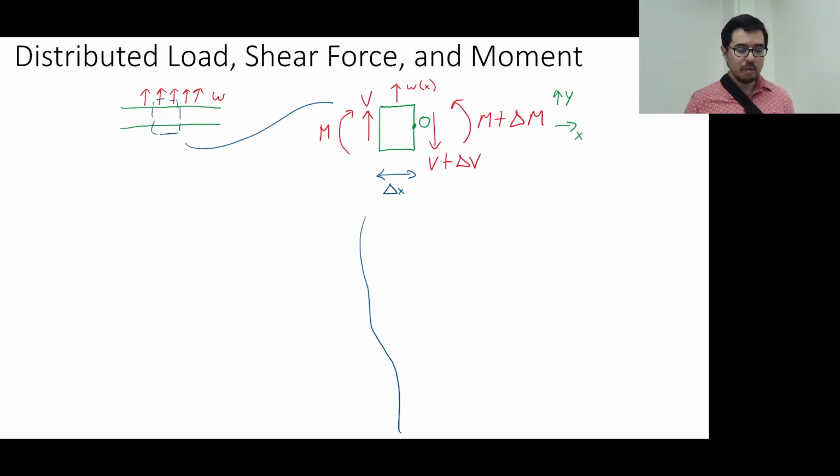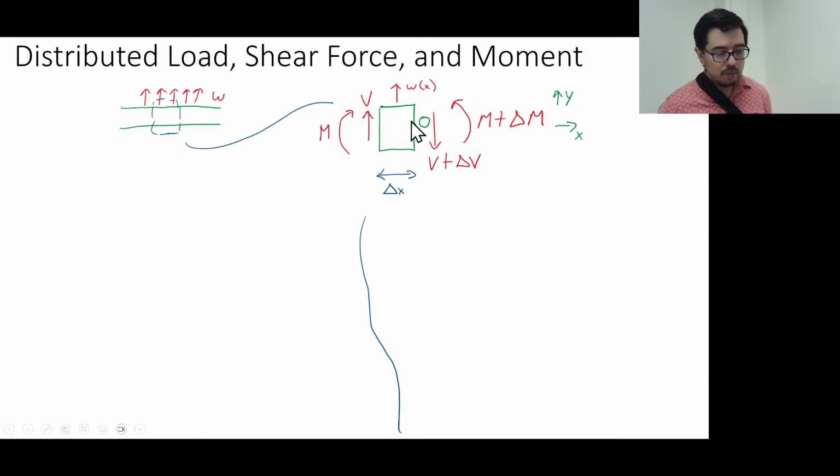Imagine that this is a slice of the beam internally. On the right side, we have our bending moment this way and our shear force downward. On the left side, we have our shear force upward and our bending moment this way. And we're following our distributed force w(x).